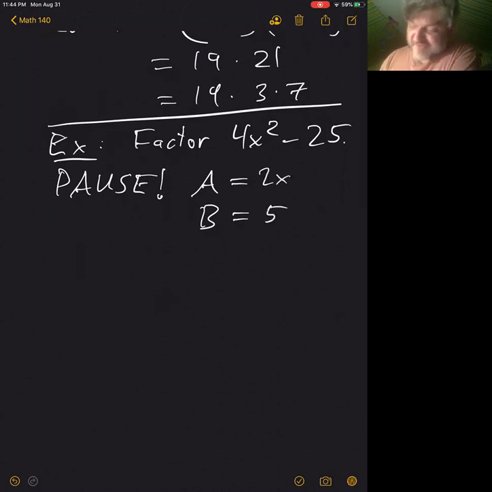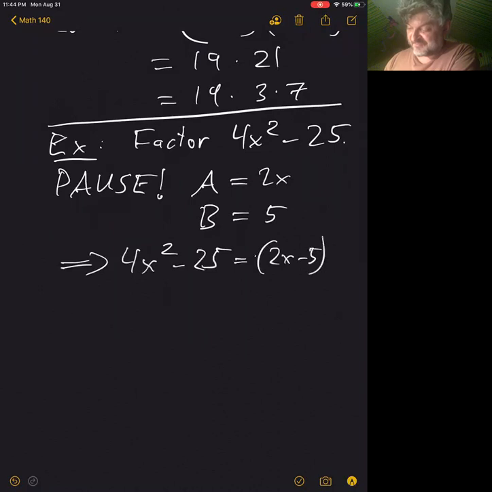You can also use negative 2x and negative 5, but who wants that? Nobody. It will give the same answer. So it gives me the factorization: 4x squared minus 25 equals 2x minus 5 times 2x plus 5. Right, that's not too bad.